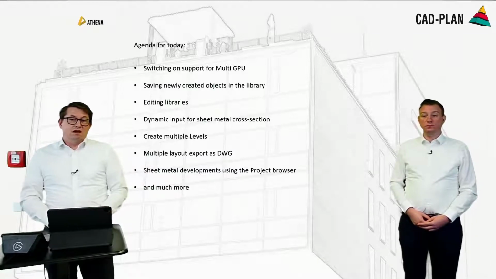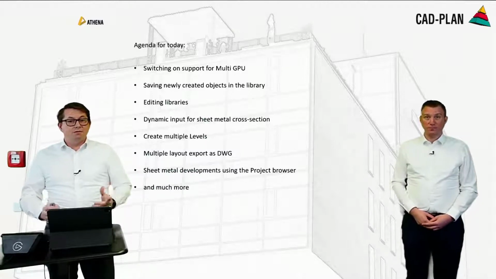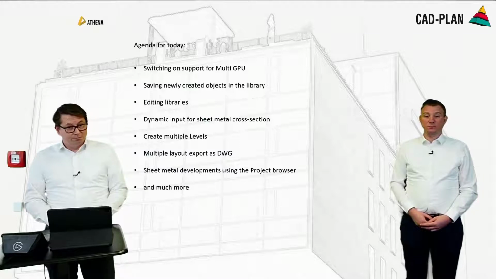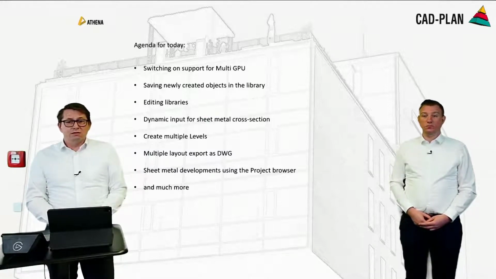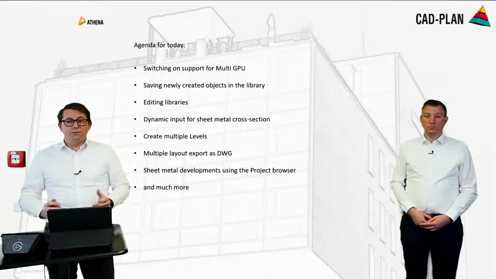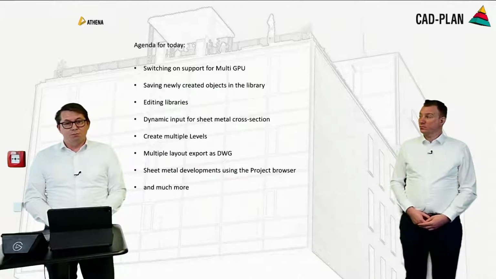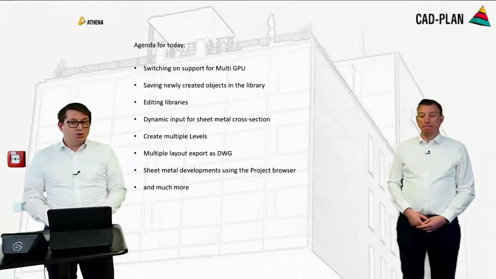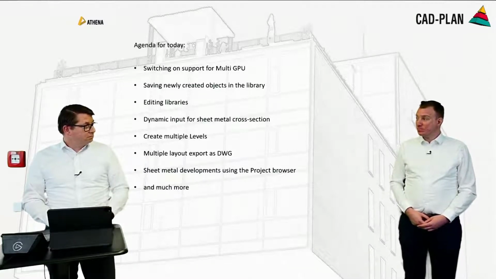If you need a DWG layout export and not a static PDF, maybe this will be your favorite function in the future. Then developments of sheet metal using the project browser. This is a very fast creation of sheet metal developments directly available in the project browser.